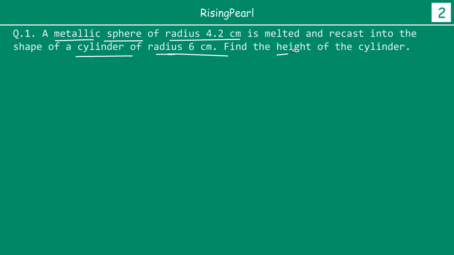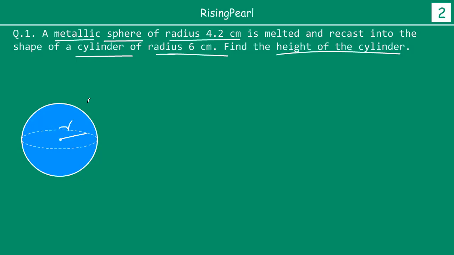Find the height of the cylinder which is thus formed. So we can visualize that we start out with a metallic sphere, as highlighted by this blue sphere. The only important dimension for a sphere is the radius, and this radius is given as 4.2. So we know the radius of the sphere.